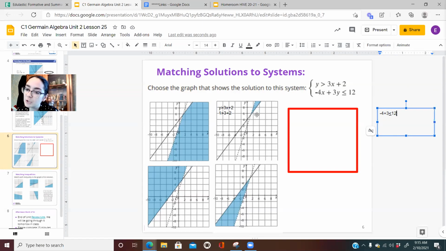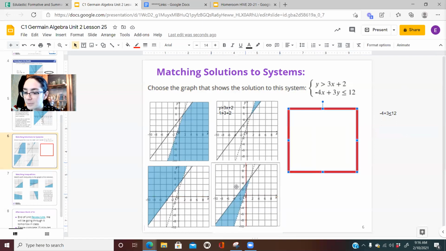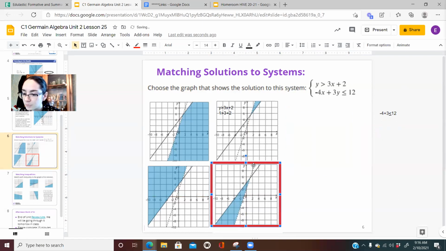So we're shading below this solid line here and to the left of this dashed line here. That region that would be the shared solution set would be this little triangle right here. So it would be this fourth option down here, because on this dashed line we're shading to the left, on this solid line we're shading below.